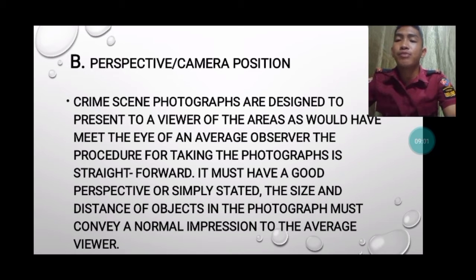The procedure of taking the photograph is straightforward. It must have good perspective, or simply stated, the size and distance of objects in the photograph must convey a normal impression to the average viewer. In short, photographs should be taken at eye level position.